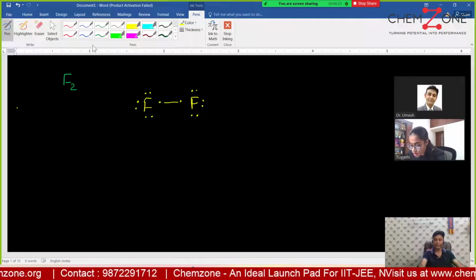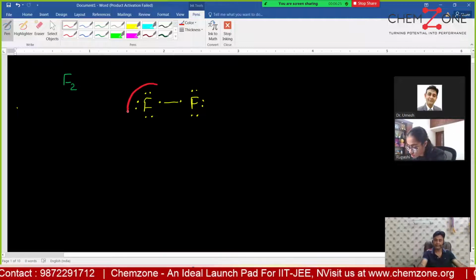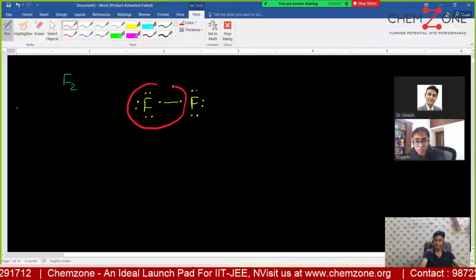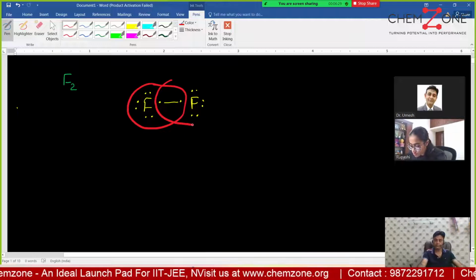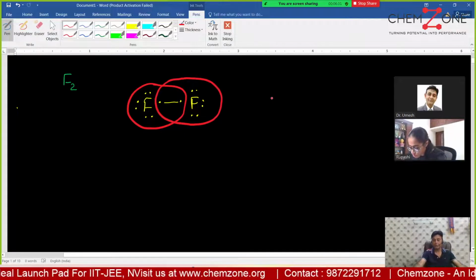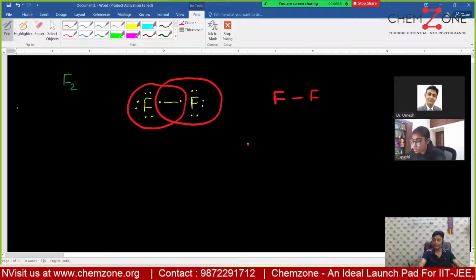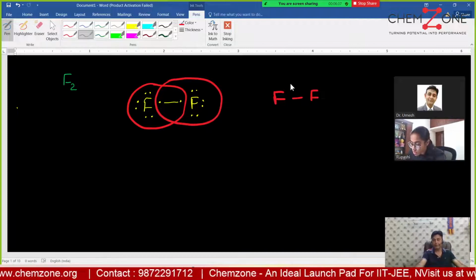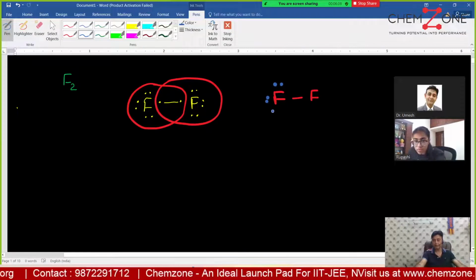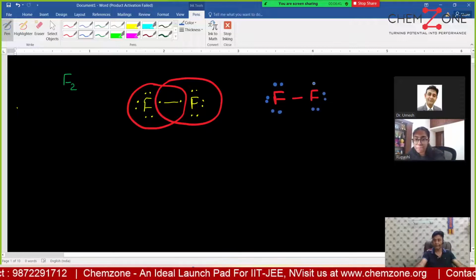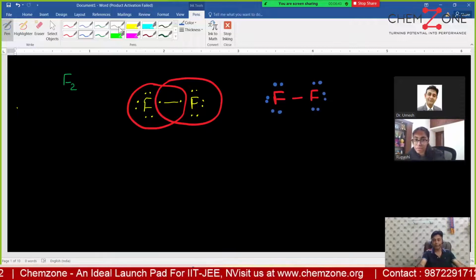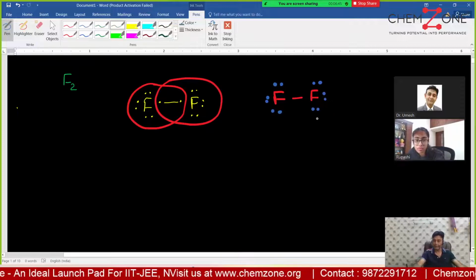Now they share electrons with each other like this. So it is F-F. And these are the electrons of the fluorine present in the outermost shell but they do not take part in bonding.